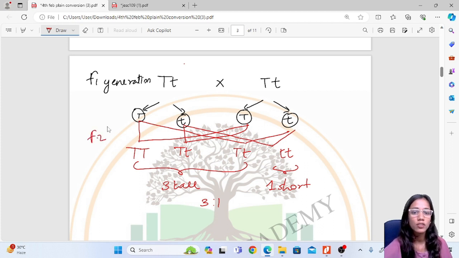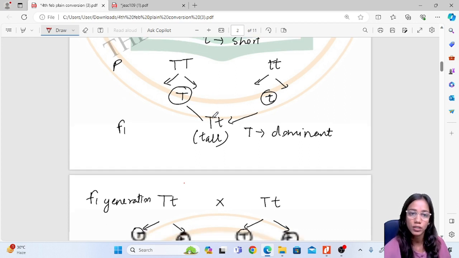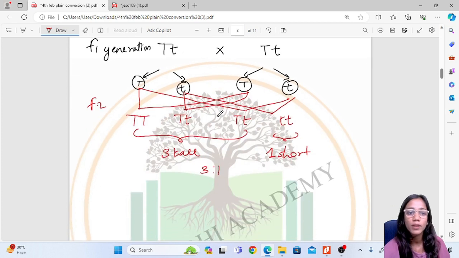It was expressed, so this means that it was present in the F1 generation. It is not that it was completely absent, it was present. Only thing, because T was dominant, this dominant character masked the recessive character. It completely shadowed the recessive character, so it was not expressed, but it was present, and it was expressed in the F2 generation.